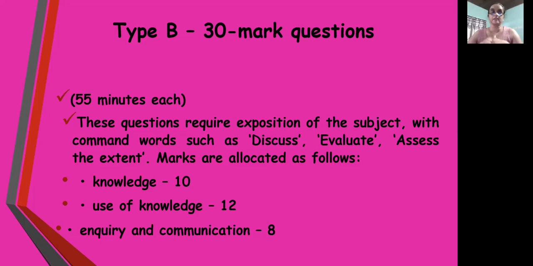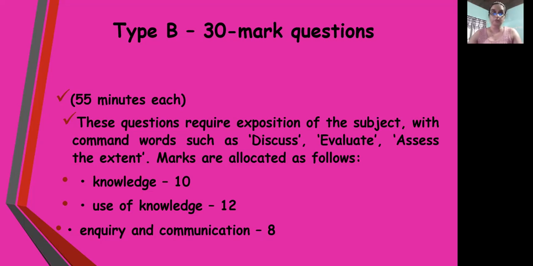Yeah, so basically the questions for 30 marks, they need you to go a little bit more than just narrating information or giving back information. They need to show that you can use the information in a manner that shows you understand the topic, and you can discuss the topic, you can assess the topic.